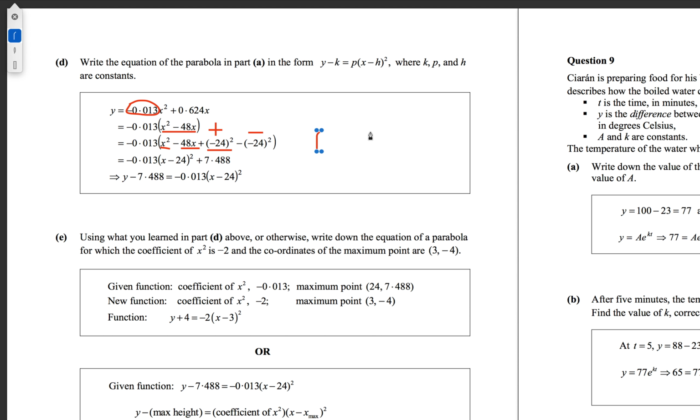And it's different from normal factorizing where you have two brackets because it's the same numbers. So in this case, it's the same way as saying x minus 24 times x minus 24. We're just condensing it down and putting a 2 here instead. Okay, but it's the same thing.